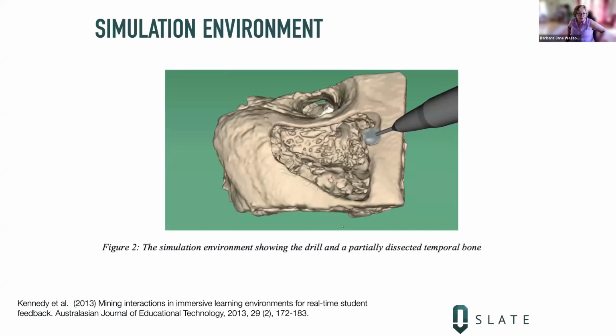So here's an example from Kennedy and colleagues at the University of Melbourne, and they were looking at data from the education of surgeons. They have a simulation machine with haptic input where you have a drill that you can actually feel like you're drilling into bones, and it's measuring things like the speed, the angle you're holding it at, and the pressure you're pushing with. It collects all this data, gives you feedback, and adapts the next thing you need to try.